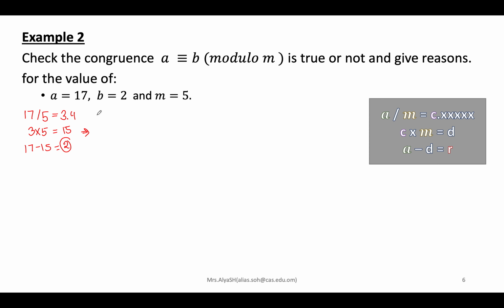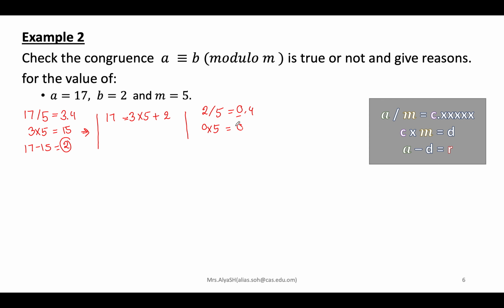So we need to convert the following steps to one equation, and we got that 17 equals 3 times 5 plus 2. Now let's find the second number, which is 2. 2 divided by 5 equals 0.4. Take the number before the fraction point, which is 0, multiply by 5.